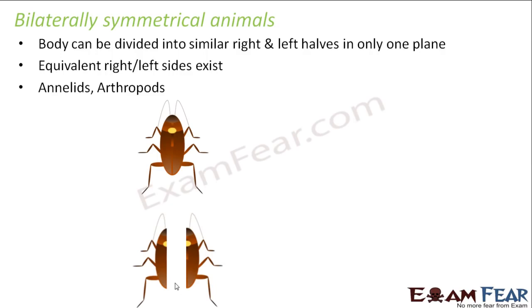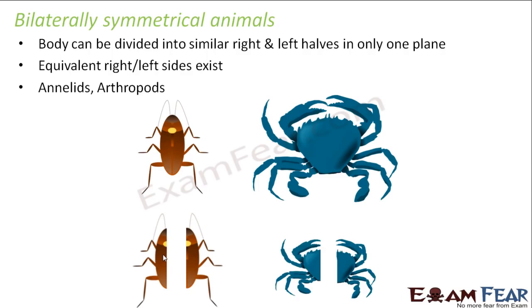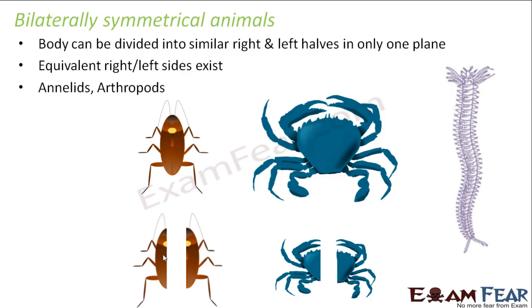You understand the difference, right? So in this case, they are laterally symmetrical. Do you understand the difference between this one and the previous one? In radially symmetrical, both halves are exactly identical. But here, both are not exactly identical. Both are mirror images of each other. Again, similarly, if you take the example of this arthropod, you can divide it into a right and a left half which are equivalent to each other.